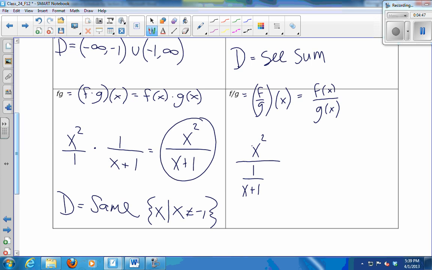Now what's the domain of that guy? Before we simplify it, I'd like to find the domain. Any values of x that you want to avoid plugging into that?